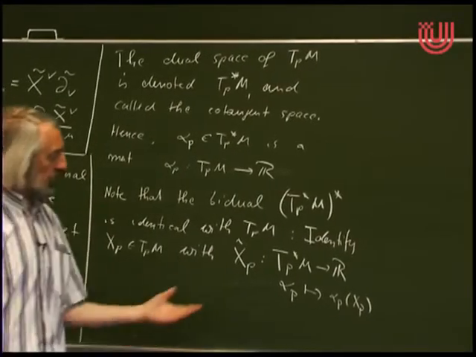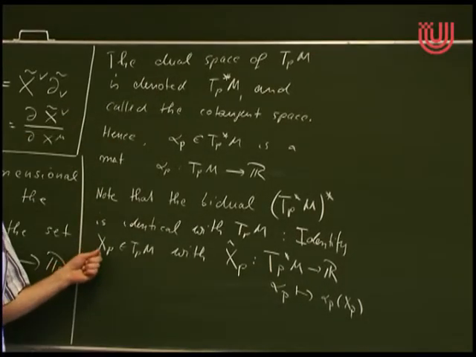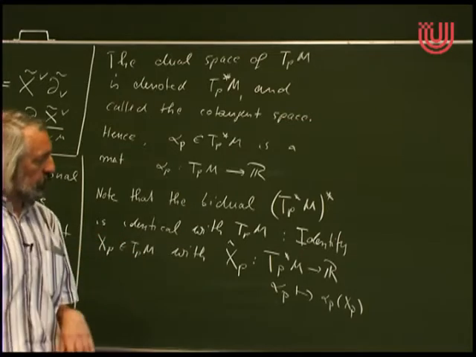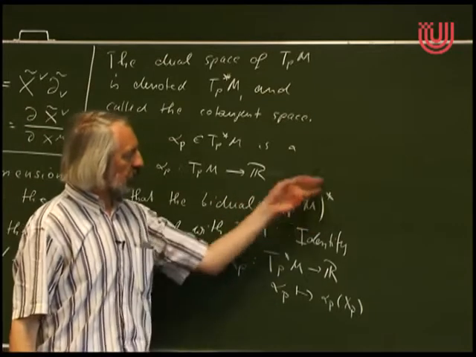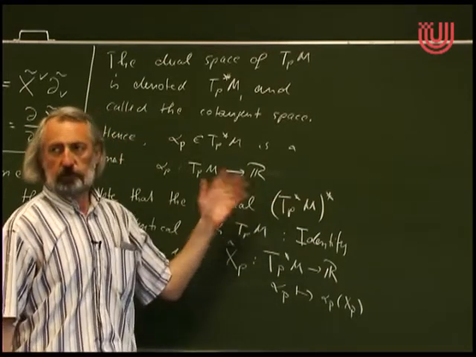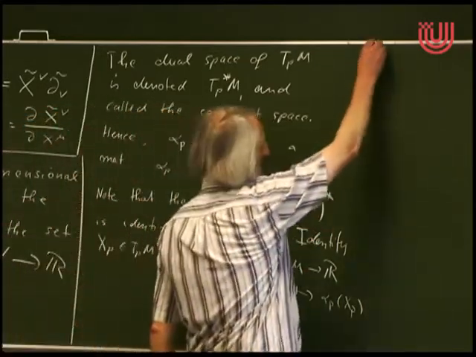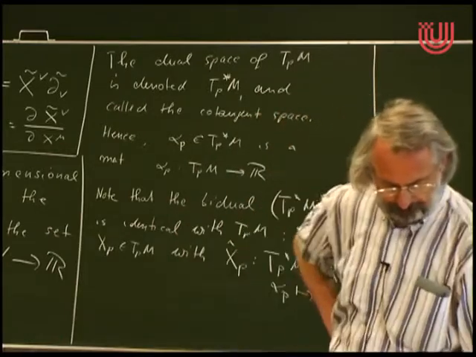And if you play a little bit around, you will see that it's also the other way around. So it's not only injective, it's a bijective map. So I can use this for identifying TPM with its bidual. So the bidual is nothing new. That's the reason why we usually don't use this symbol. We just write TPM and we identify the two things. So that's what we can make with the help of the dual operation.